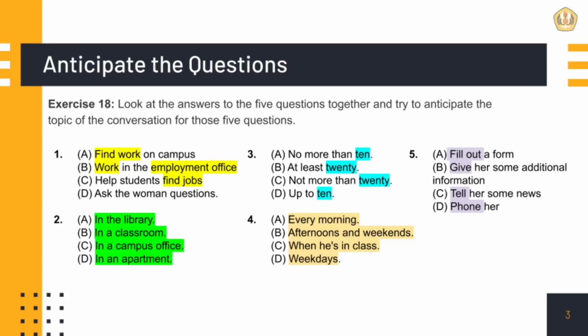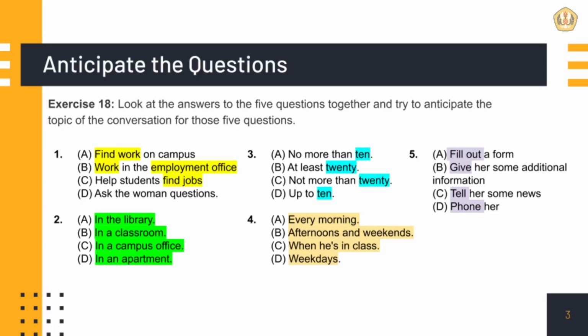Number 3. How many hours of work does the man want per week? So, yeah, as we talked about, number three will be about how many hours, right?